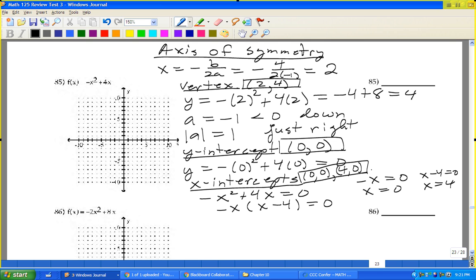And so I have a vertex at (2, 4), intercepts at 0 and 4, and it goes down. And so it should look something like this.